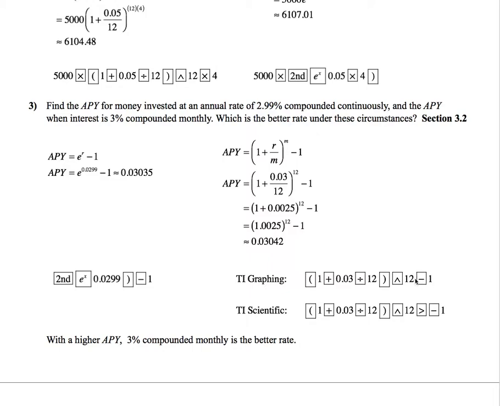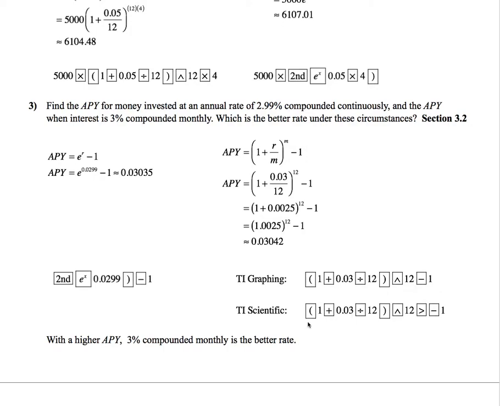Now you don't need to close that out there because the graphing knows the order of operations. The scientific does too, but it operates differently. The graphing knows that once you have done that and you enter a subtraction, you enter a minus, that it's going to make all these calculations first and then subtract the 1.